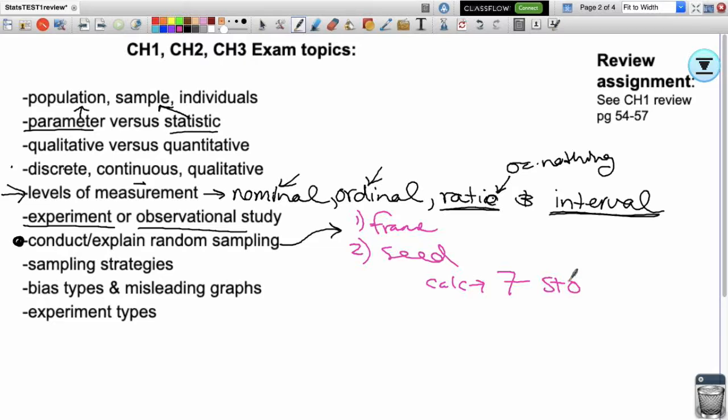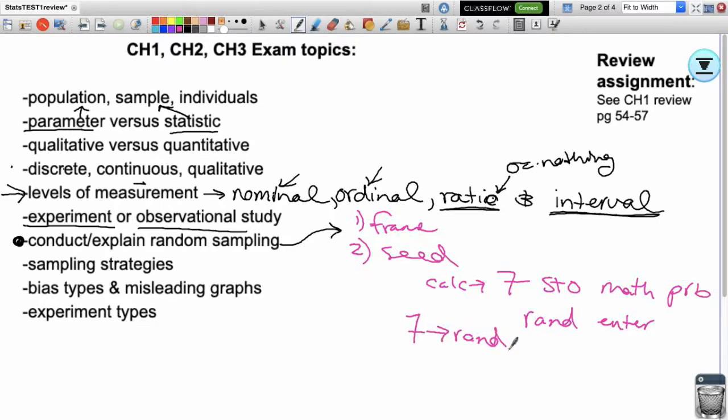So we're going to go all the way over to where it says PRB. Under PRB, you see R-A-N-D, rand, which is your number 1. And then you're going to press Enter. So now it should say 7, arrow, rand.